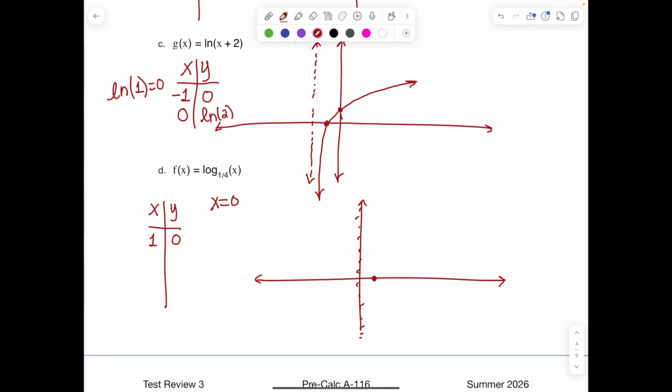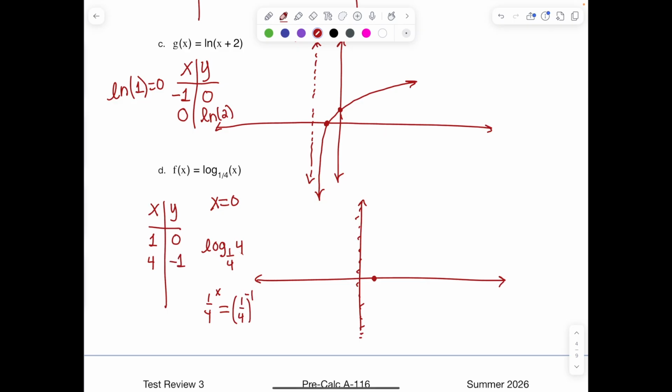So I'm going to plug in, let's see, let's do 4. If I plug that in, I'll get log base 1/4 of 4. So 1/4 to the x equals 4, which means that I have 1/4 to the negative 1.